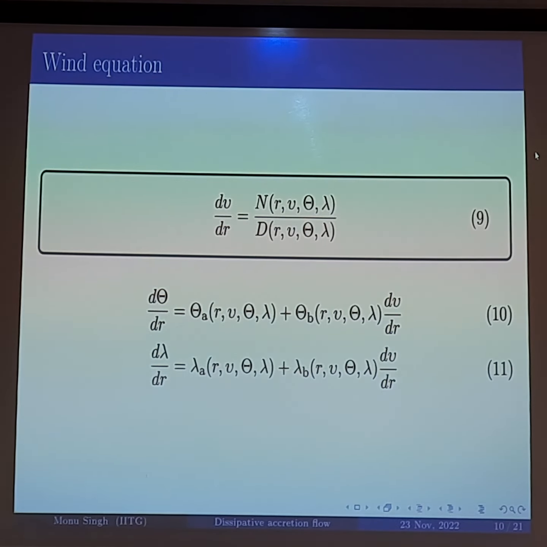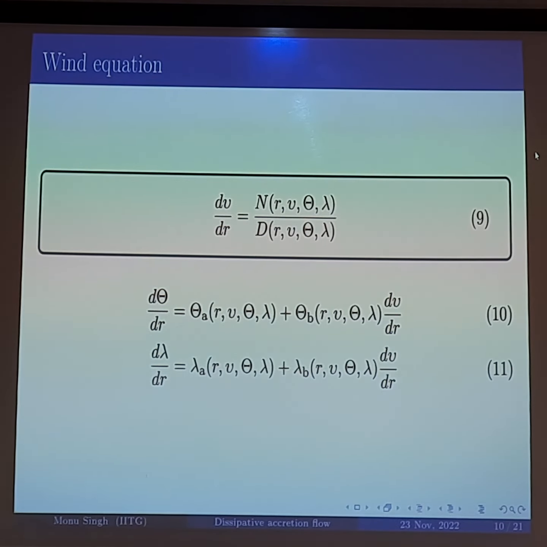To do this, we fix our parameters at the outer edge, or injection radius. We start our flow from here, somewhere here, with r_h to be 1500, with these numbers, lambda this and h is this for the non-rotating black hole. And here this m dot is the parameter which controls the cooling. More m dot, more cooling in the system.